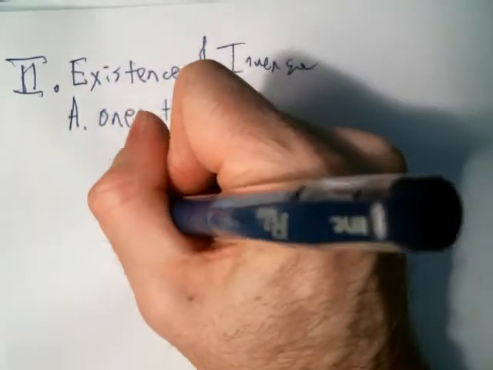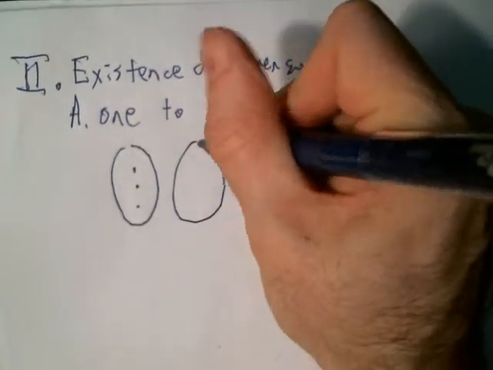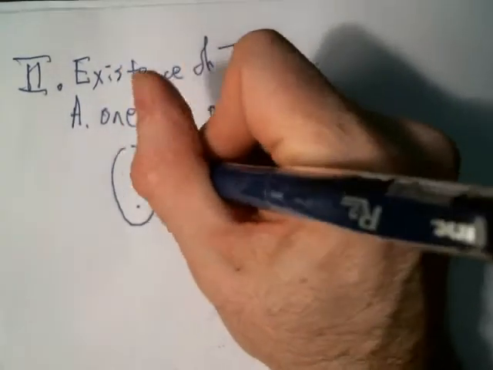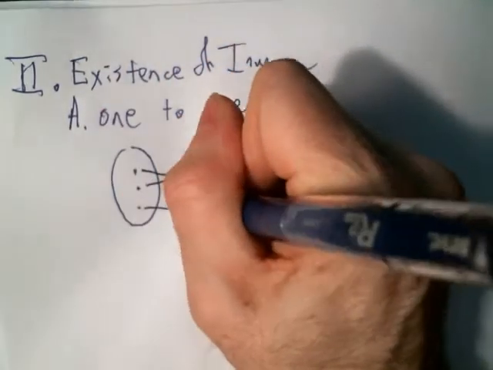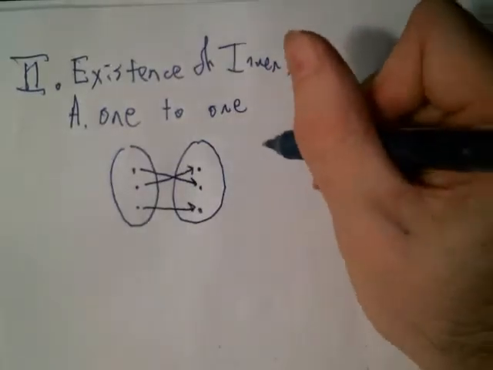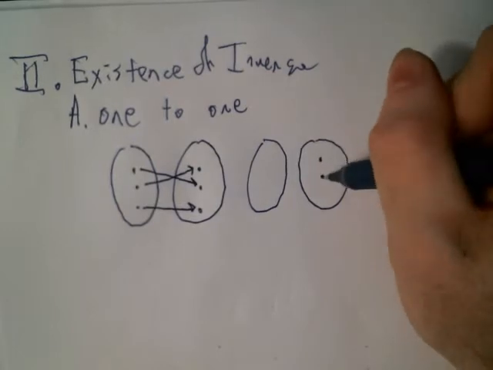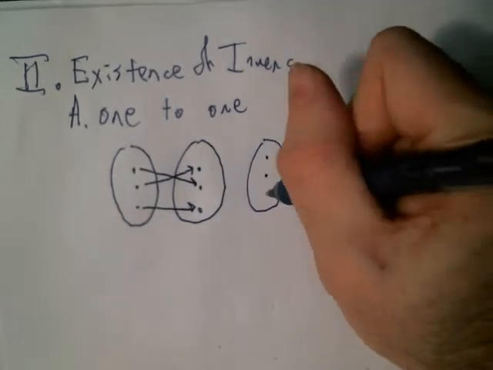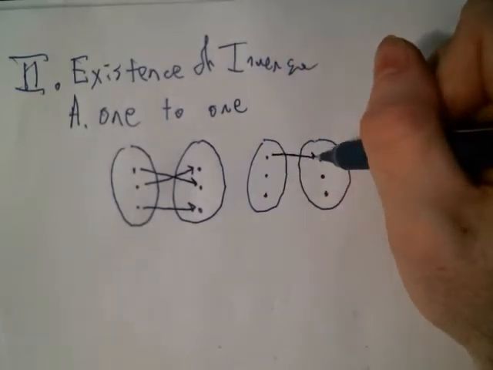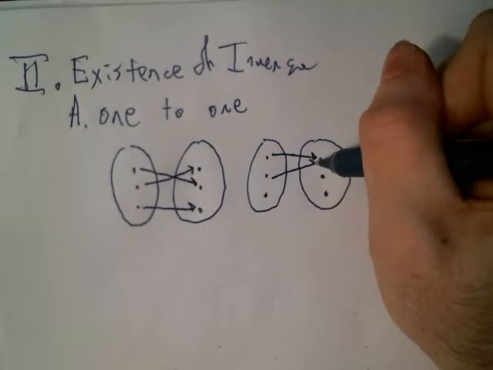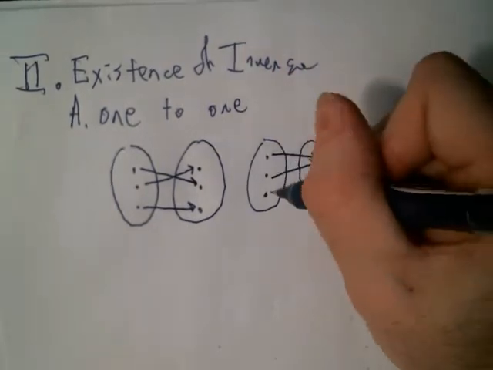It'll come down to a horizontal line test, really. Something that's one-to-one is considered extremely well behaved because it's already a function. You've assumed it's a function. And then on top of that it has this other quality such that for every value y in your range, there's only one corresponding x over here in your domain. So you wouldn't have two values in the domain going to the same value in the range. Okay?